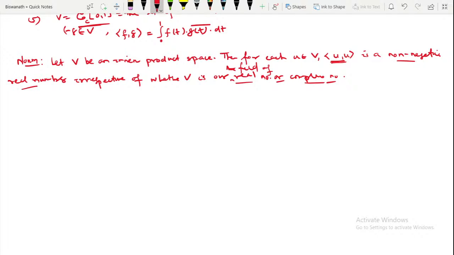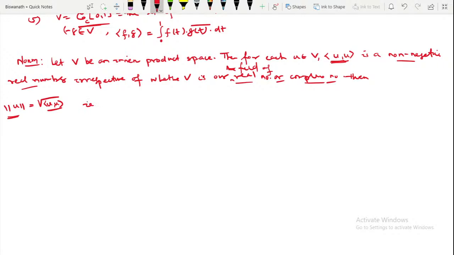So if this thing is always a non-negative real number, then the positive square root of u comma u is your norm of u. Because this is a non-negative number, if I take its positive square root, it will be a non-negative number, and this is the definiteness of norm u.